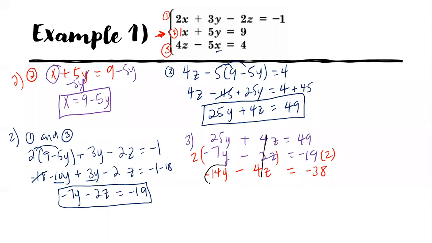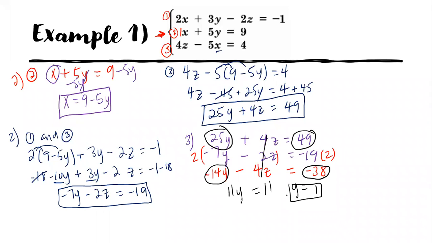I'm adding negative 14y and 25y, and that's going to give me 11y equals, and I'm adding 49 and negative 38, and that's going to give me 11. So we know that y equals 1.